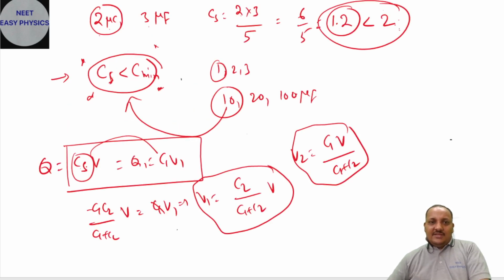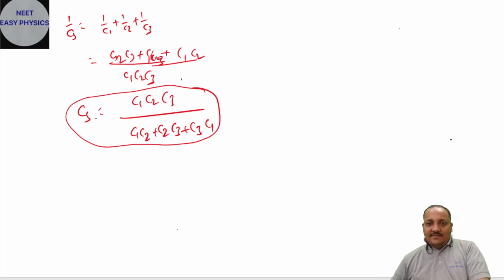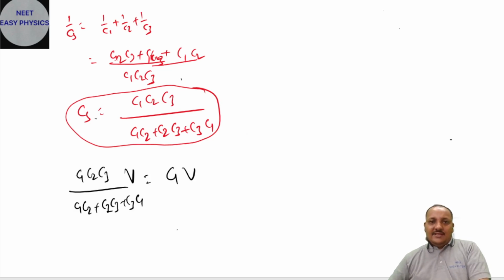Now, from this equation, you can substitute here. What is CS? C1C2C3 by C1C2 plus C2C3 plus C3C1 into V is equal to C1V1. Now C1 cancels.